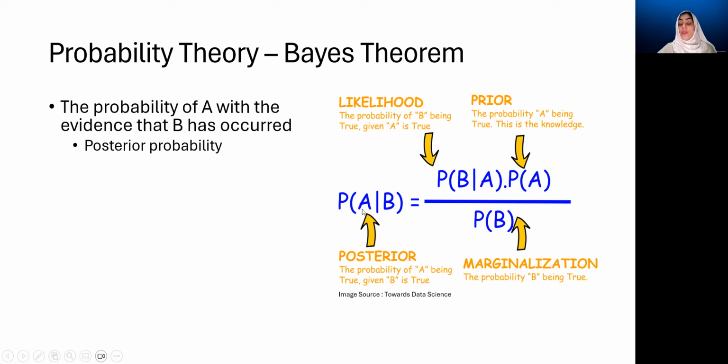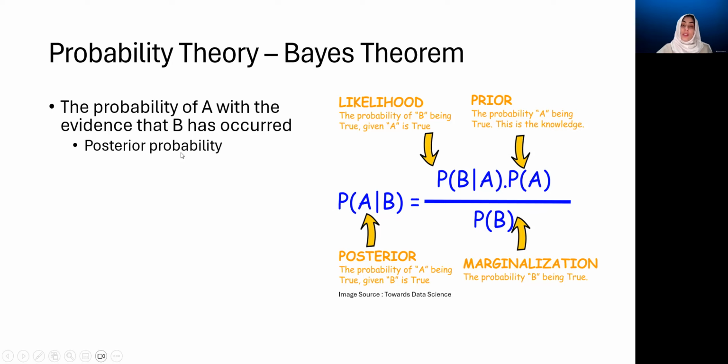We were trying to find out the conditional probability of A, and here the expression contains the conditional probability of B rather. So P of B given A multiplied by P of A, because A is given in this case, divided by P of B. And for this probability, B was the given event. We call this probability the posterior probability.